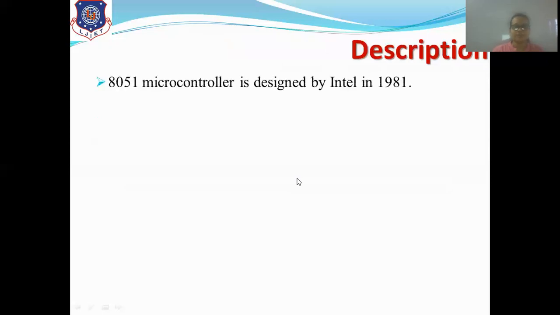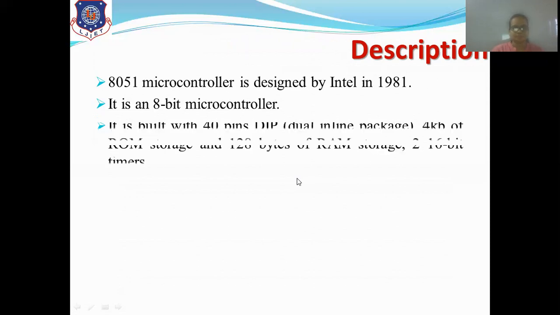8051 was designed by Intel in 1981. It is an Intel chip, an 8-bit microcontroller. Clear? So 8-bit data can be transmitted and received simultaneously. As we have discussed, 8-bit data can be accessed. It is built with a 40-pin DIP, that is dual inline package.